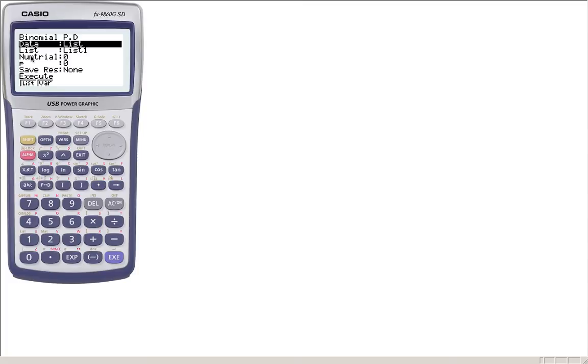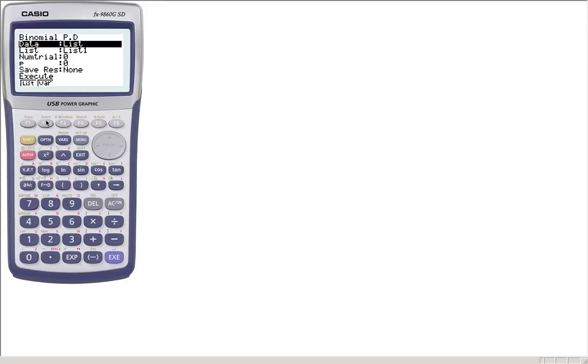Now it will ask you whether the data is in the list or whether it is a variable. So what it means is, let me go back. Now here it is asking whether the calculator needs to take the value from here. Now as you know that there are no values here, and so it is not list. So distribution, binomial, BPD.